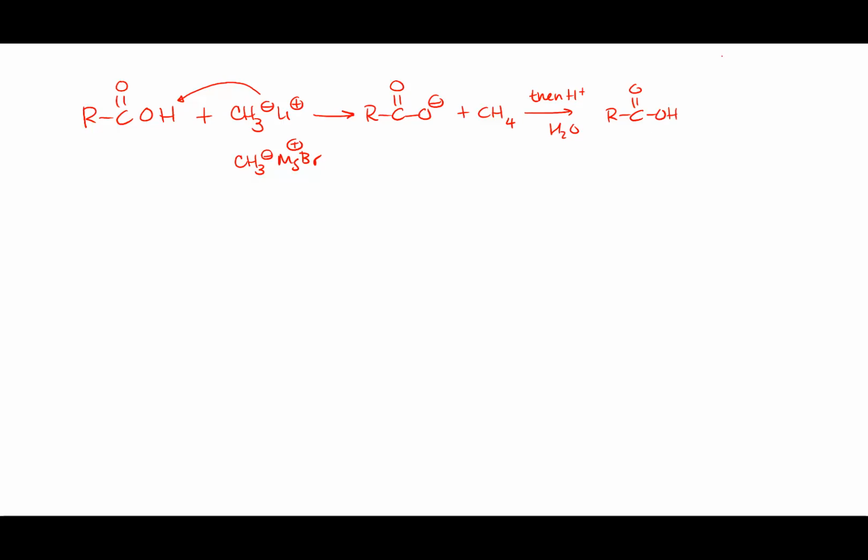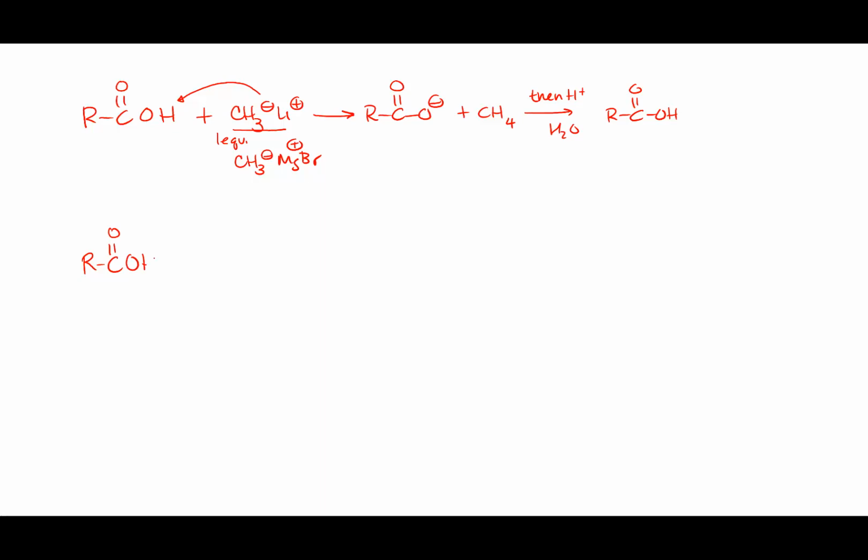Now, that was the so-called trick question from Grignard reactions. One equivalent of Grignard reacted with the carboxylic acid ended up just deprotonating it, and you reform the carboxylic acid. So that reaction we had talked about before.